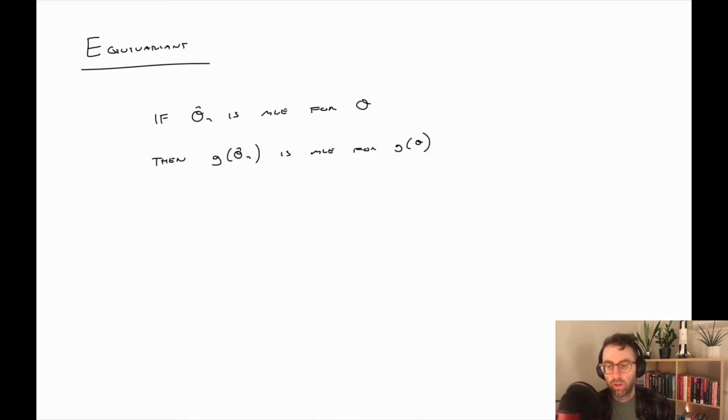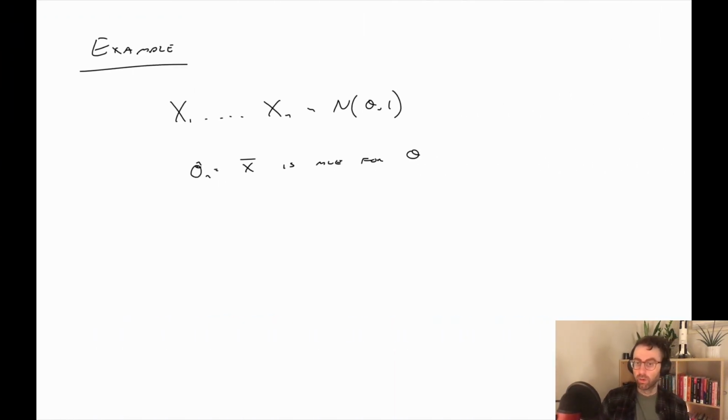So a couple more quick things. MLE is equivariant. What we mean by that is if theta hat is the MLE for theta, well then g of theta hat is the MLE for g of theta. Pretty nice idea. So quick example. Here we have x1 through xn, assume it to be from a normal with mean mu and variance 1.